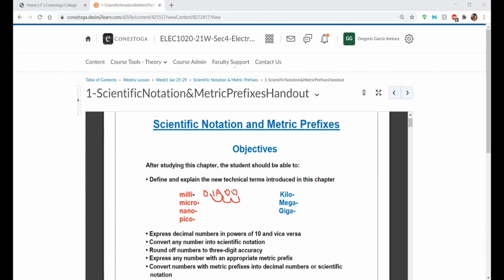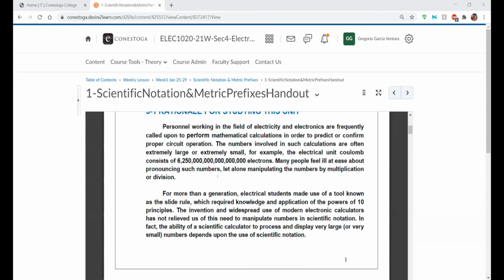So we are going to say in that case that we have 100 mA, milliamps. You're going to see that a lot, okay? Anyways, let's get moving.